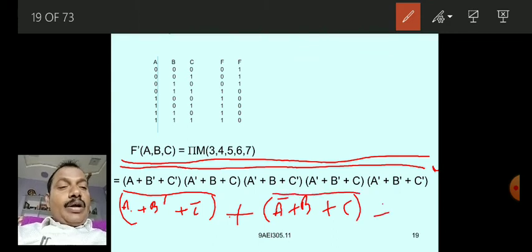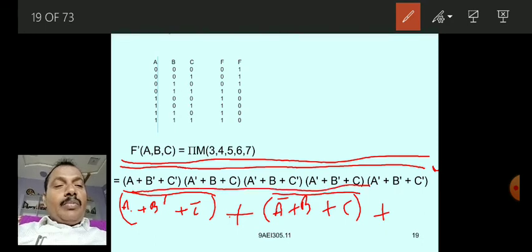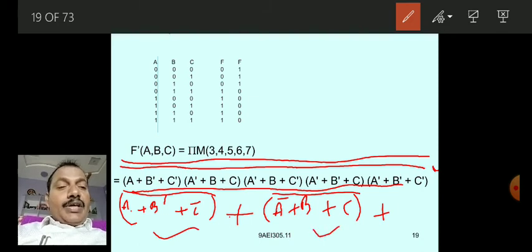Like this you have to go on writing, and this is the whole bar. That means this can be implemented with one NOR gate. This can be implemented with another NOR gate. Like that, all these NORs, 1, 2, 3, 4, 5, 5 NORs, and the 5 NORs outputs you have to apply to a final NOR gate. Then you will get the final implementation diagram.